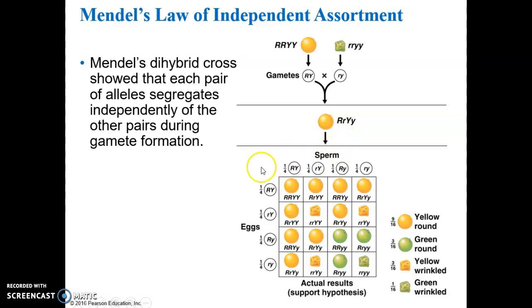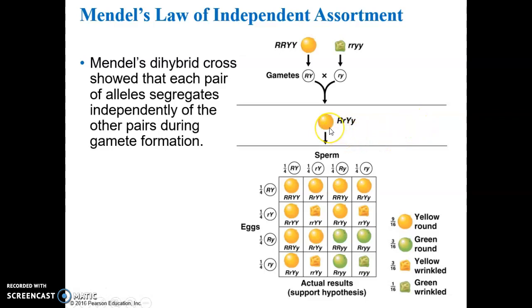Then down here, this is the result of the F1 cross, meaning one individual that's heterozygous for both alleles would be crossed with another same heterozygous individual for both alleles.